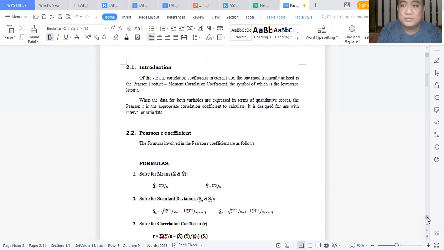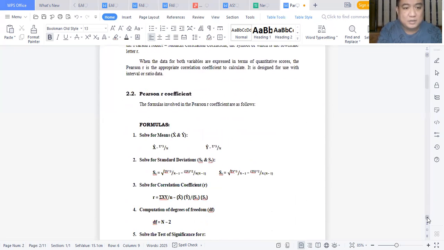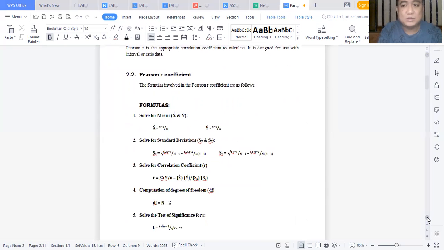Now let's go to the different formulas involved in the Pearson R. First, as much as possible, you should know how to compute for the means of x and y. For the mean of x, the summation of the data divided by n. For the mean of y, the summation of the data divided by n.